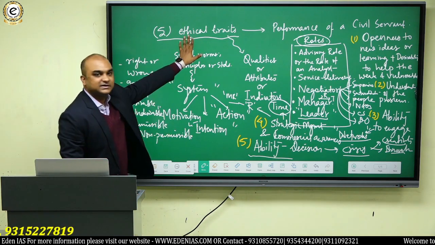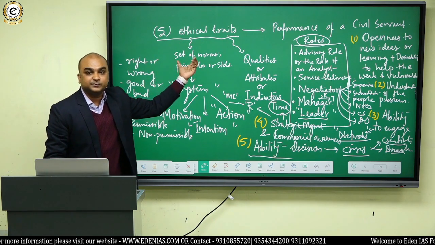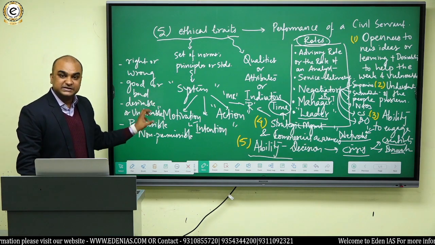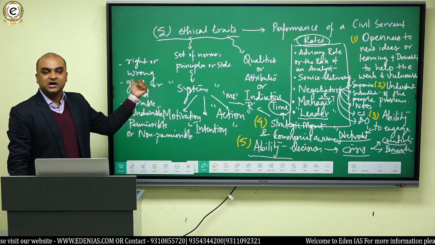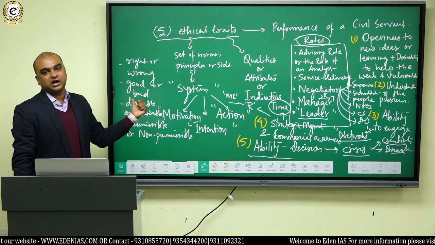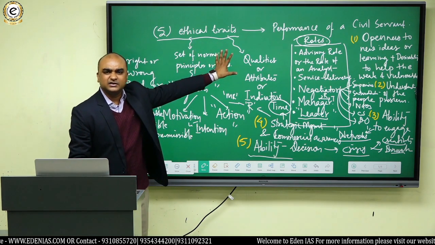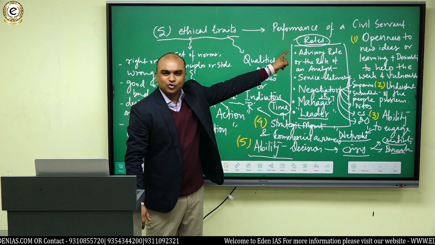Now you see, what is ethics? Ethics is nothing but a set of standards, norms and principles which any system places over itself, in the light of which motivation, intention and actions are judged as good or bad, right or wrong, desirable or undesirable, permissible or non-permissible. Traits are qualities, attributes or indicators. Now, what is the role of a civil servant?